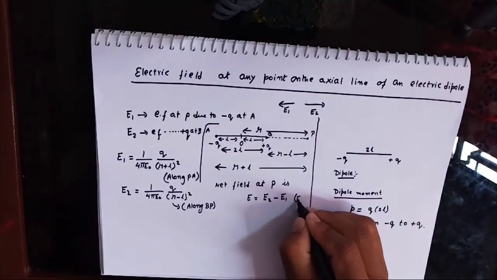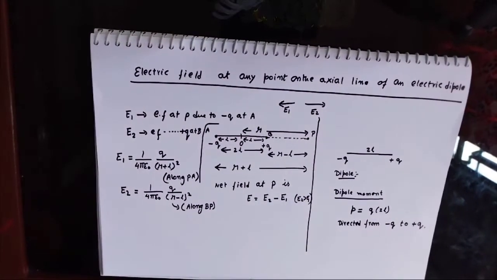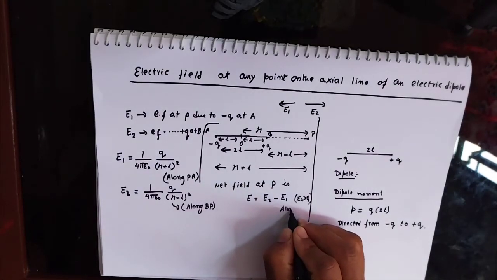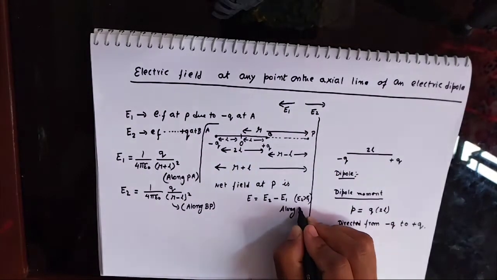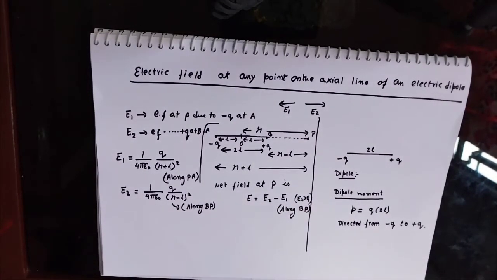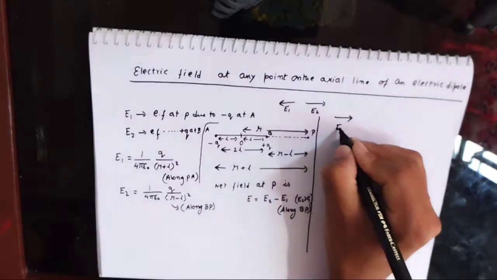Because E2 is greater than E1. So therefore, what is the direction of the net electric field? It is along BP. So that is the direction of E. So hence the net field is also in this direction. Okay.